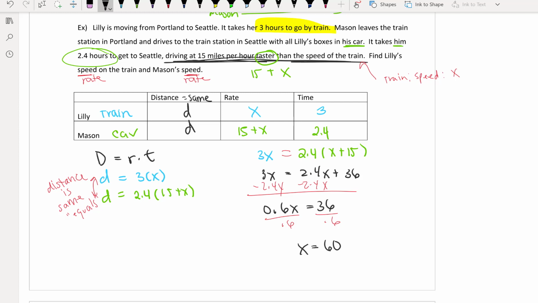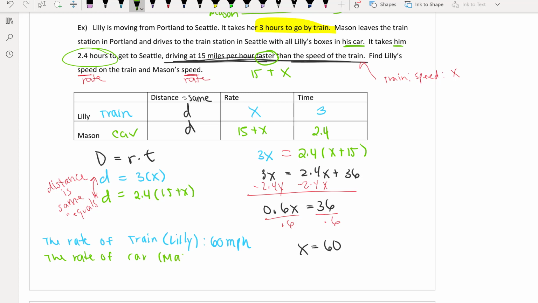So what did the x represent? Well, x represented the rate of the train, which is Lily. Hers is 60 miles per hour. And now I have to talk about the rate of Mason, the car.